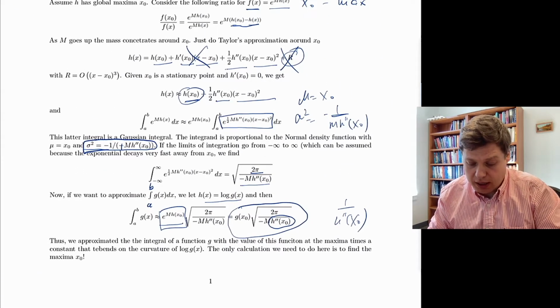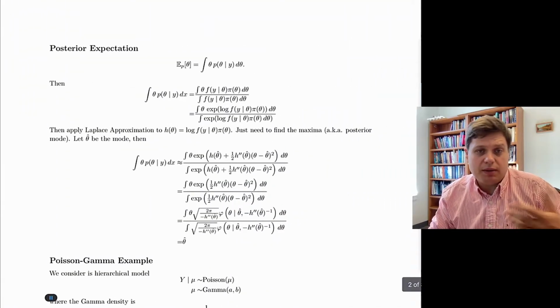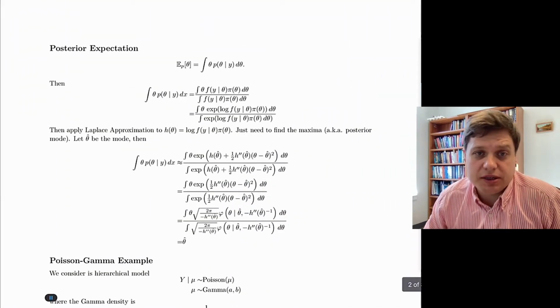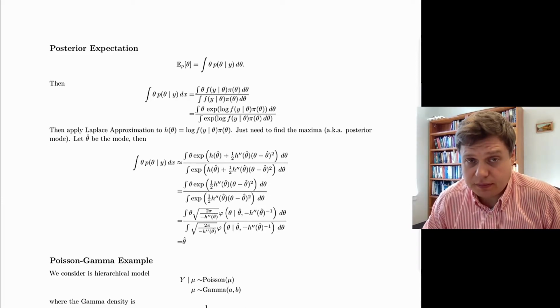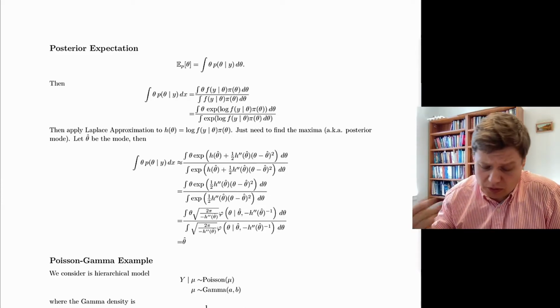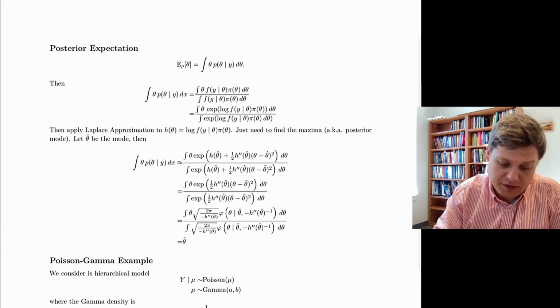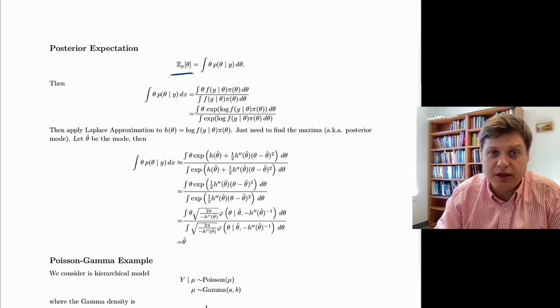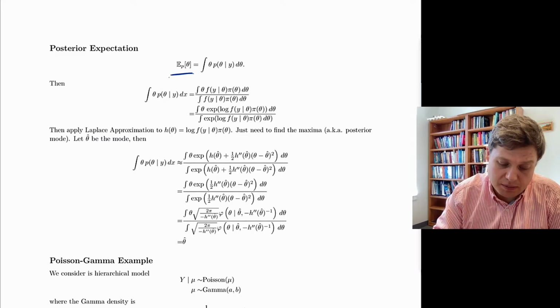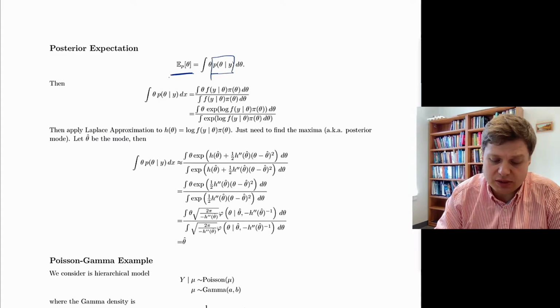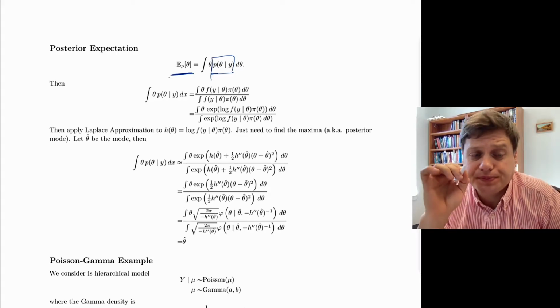All right, and now we can apply this to calculate the posterior expectation under a Laplace approximation. I'm not gonna go through these calculations, you can follow them yourself, but the point here is, if you try to calculate the expected value of parameter theta, where theta has the posterior distribution, the distribution over theta given y, where y is the data, so it's the likelihood times the prior.